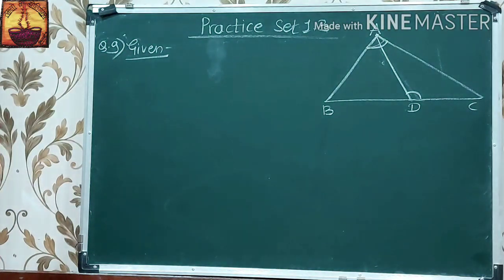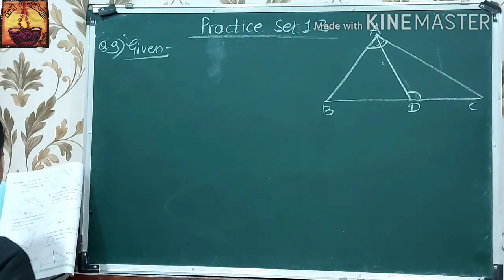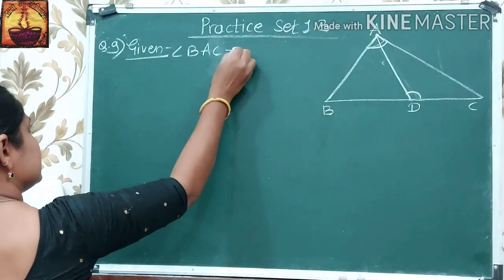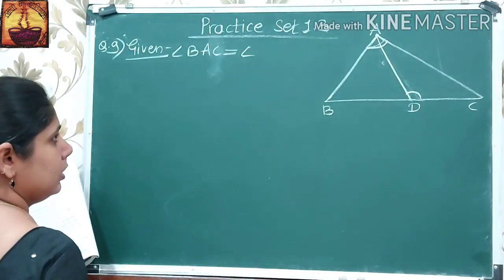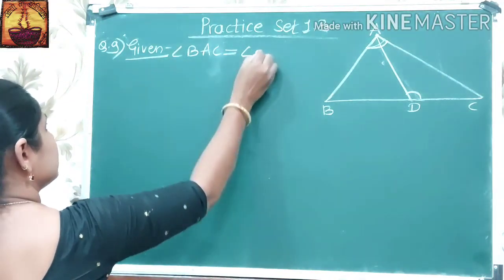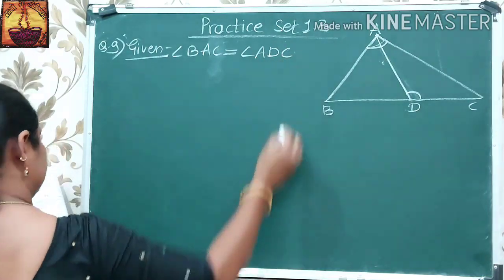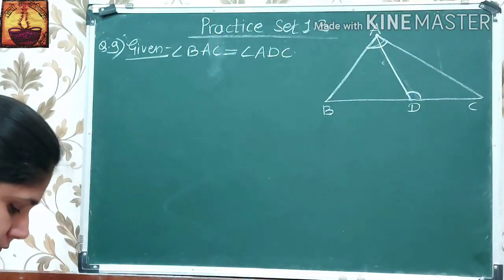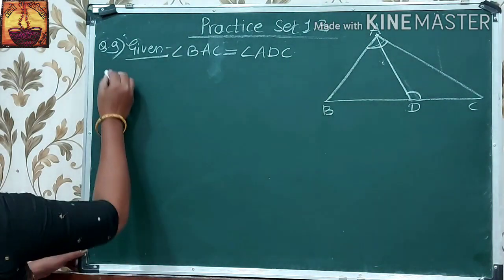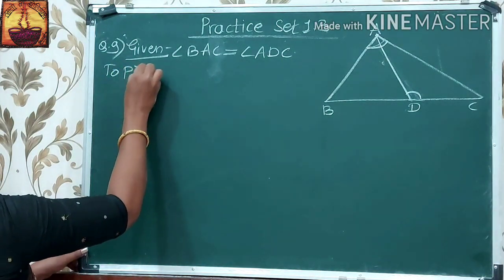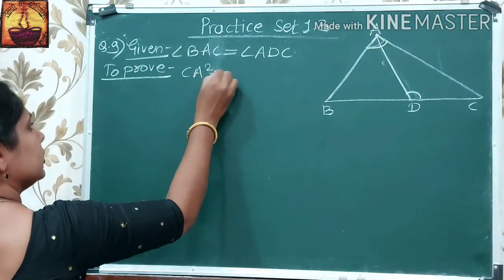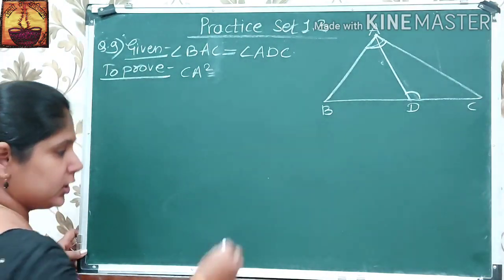Therefore, write in given part: angle BAC is equal to angle ADC. We have to prove CA square is equal to CB into CD.